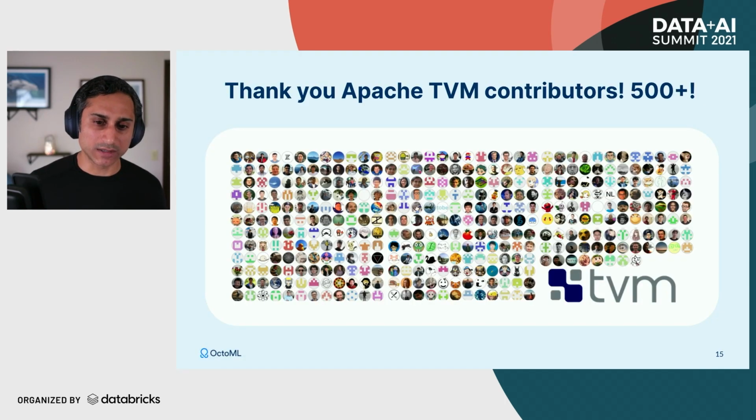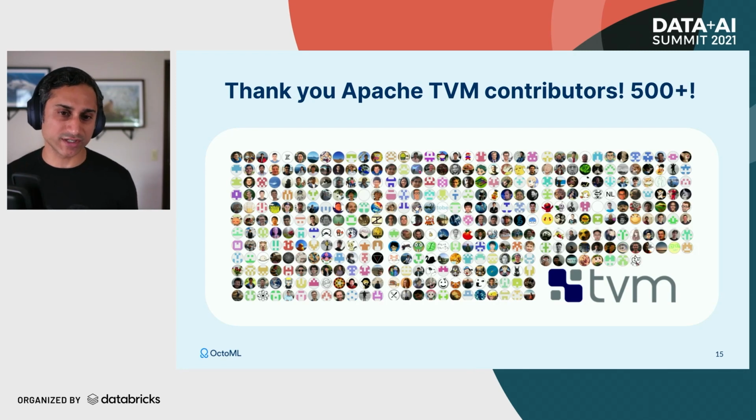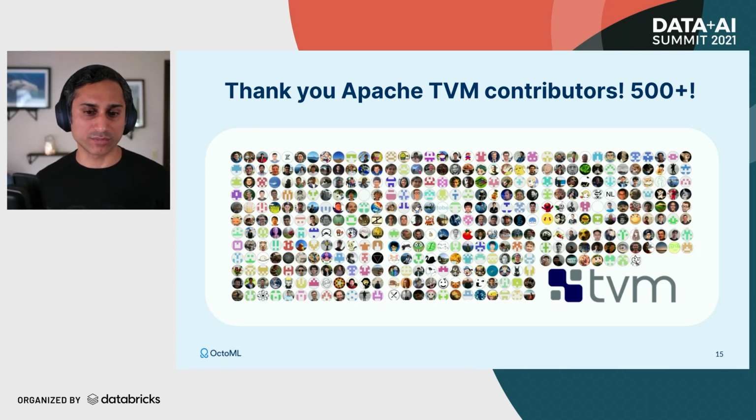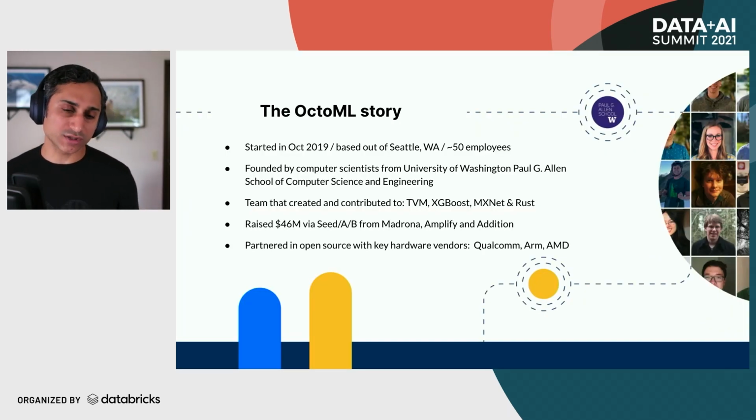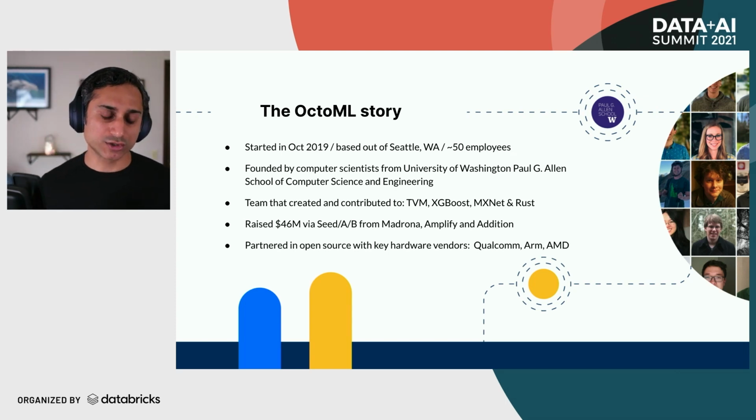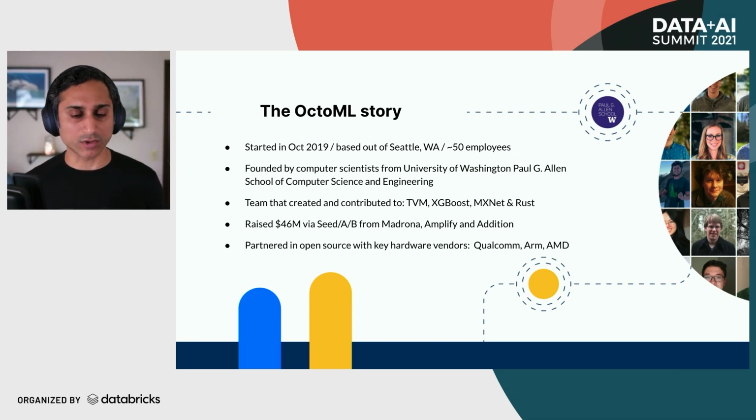Okay, so TVM has been growing significantly in the past 3 or 4 years. Right now, there's about 500 contributors, and I really, really want to thank the Apache TVM contributors for bringing the project to where it is today. OctoML was founded in October 2019. We're based out of Seattle, Washington, and we have about 50 employees right now.